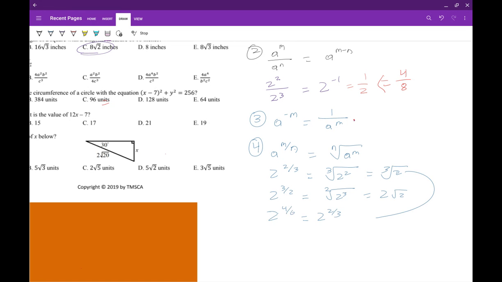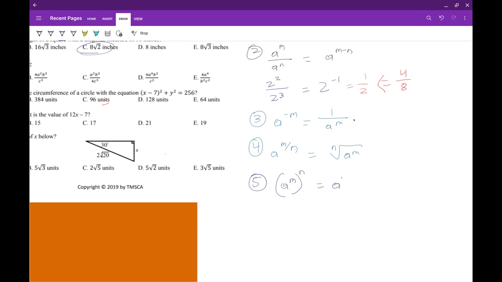I think my final rule is going to be the power of a power. When you have a to the power of m, all of that quantity to the power of n, that's going to be equal to a to the power of m times n. 2 squared, all of that cubed, is equal to 2 to the 6th power, because 2 times 3 is 6.